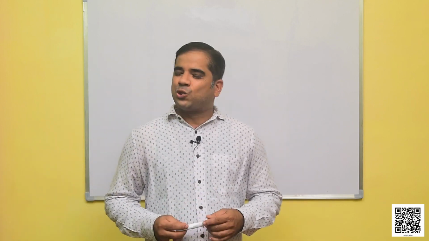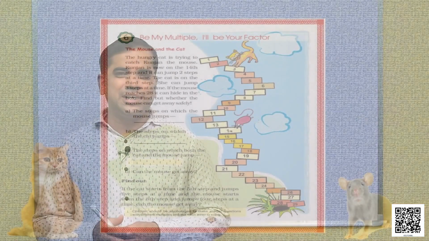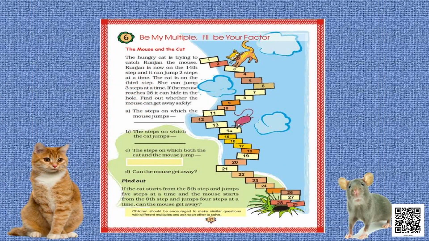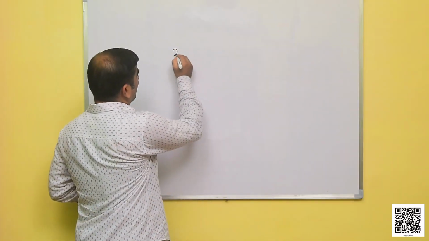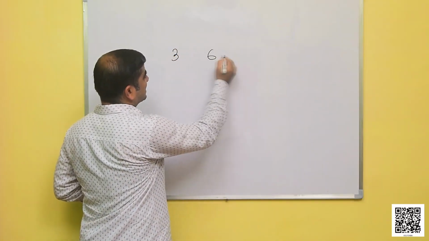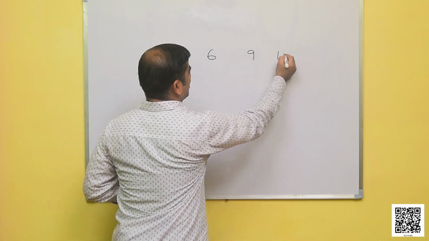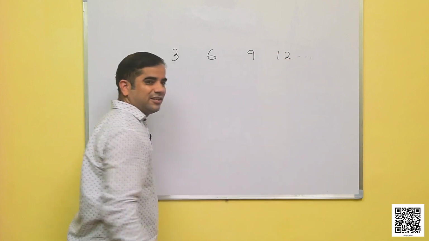Let's check. As per the story, the mouse is on the 14th step and it can jump 2 steps, and the cat is on the 3rd step and it can jump 3 steps. So what will happen now? If the cat can jump 3 steps, it can move from 3 to 6 to 9 to 12 and so on.